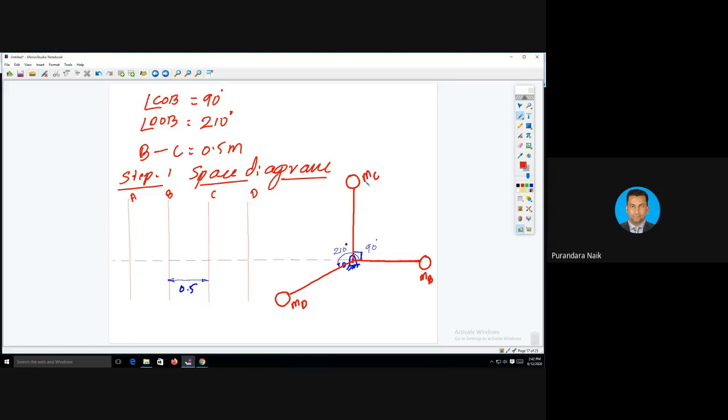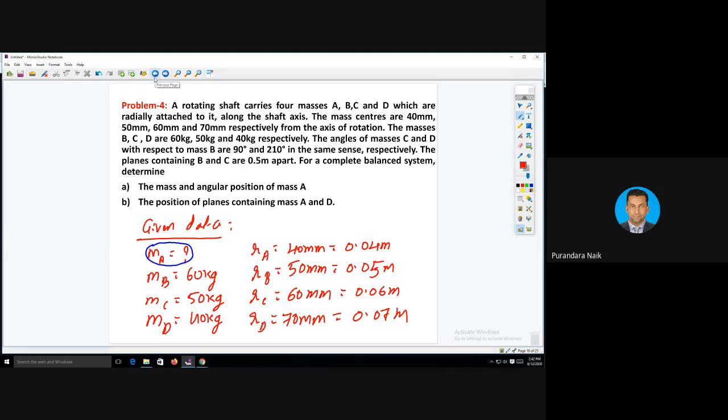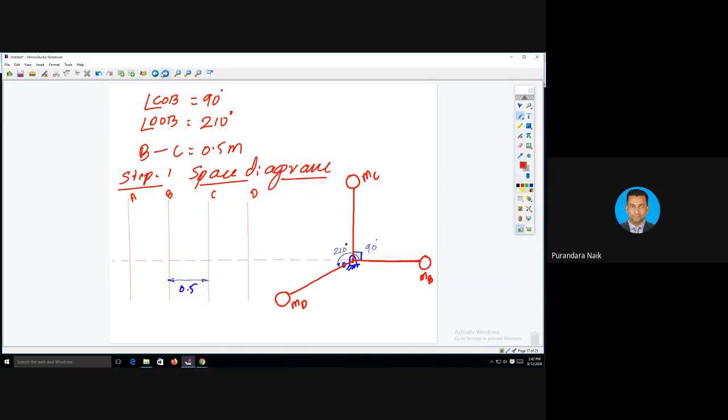After D, one more mass is there, that is mass A. We don't know the angle, we don't know the mass. So mass A, you can show it anywhere, either in the above portion or in the bottom portion. Let us show this A somewhere here.